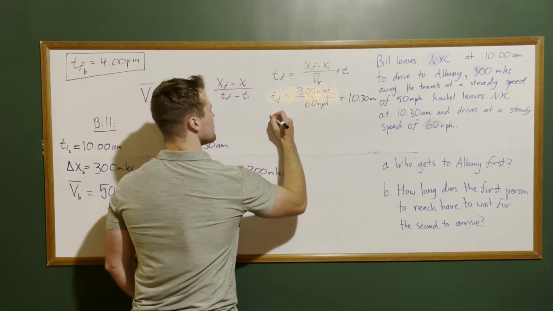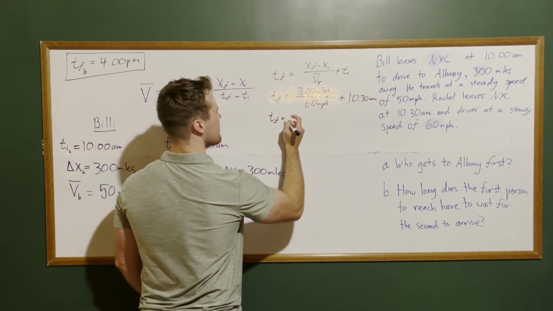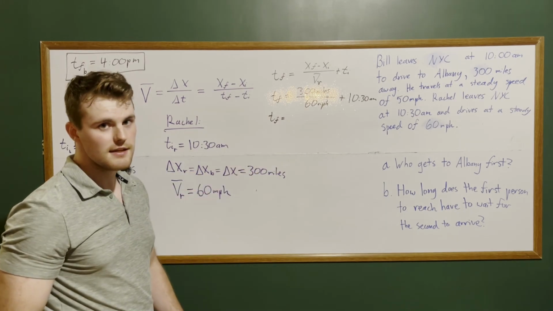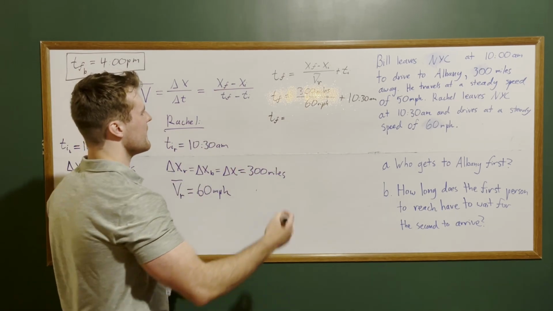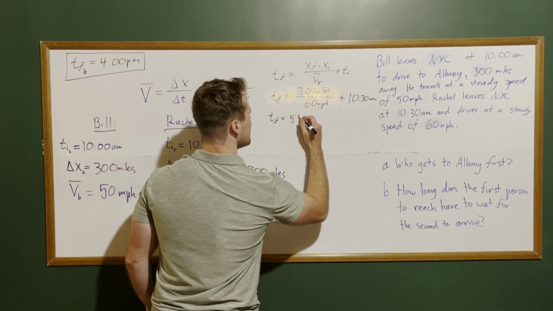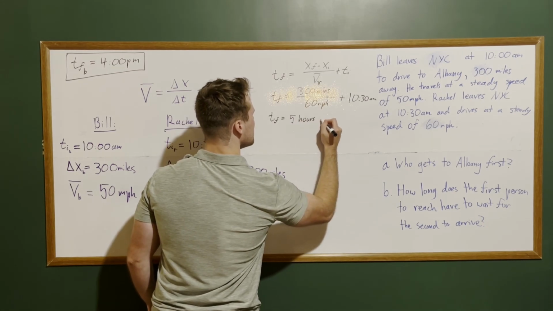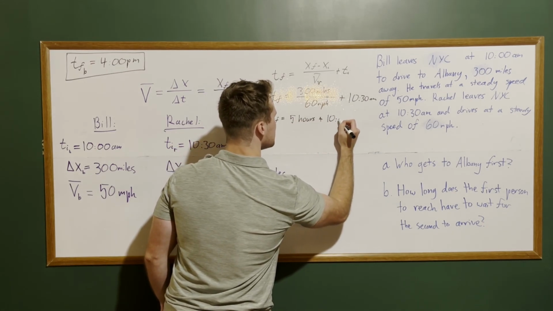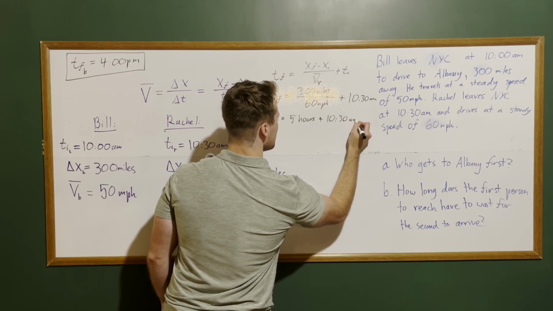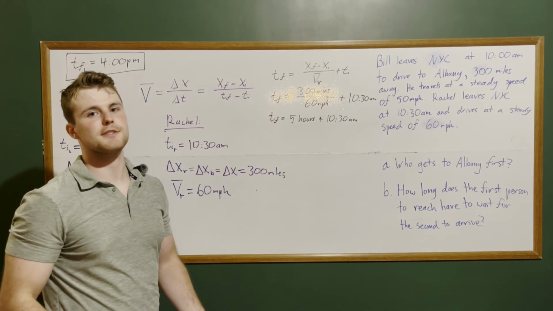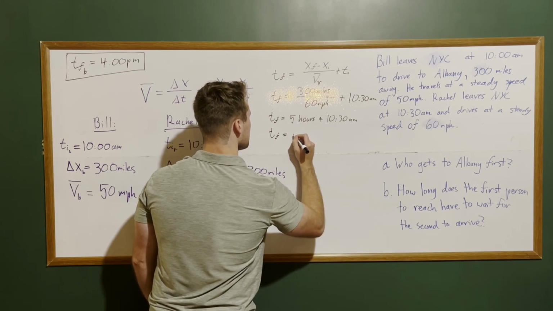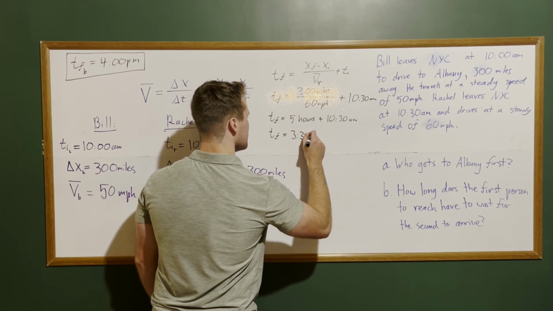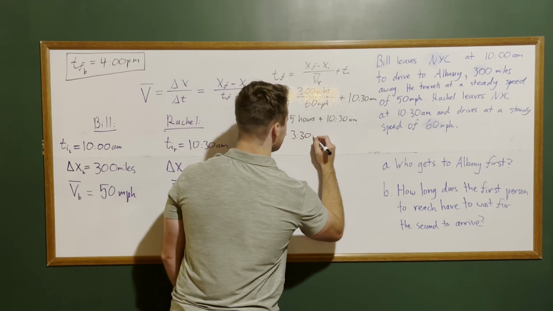Okay, let's solve it. T f, 300 miles over 60 miles per hour. Miles cancel, our units just end with hours. We get 5 hours plus 10:30 a.m. And of course, this brings us to 3:30 p.m. T sub f equals 3:30 p.m.